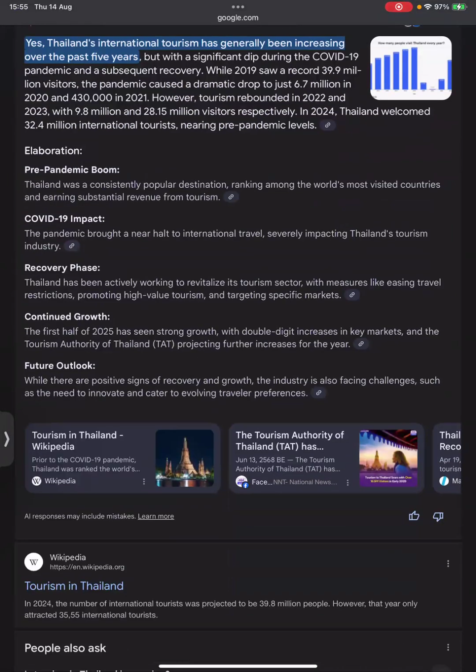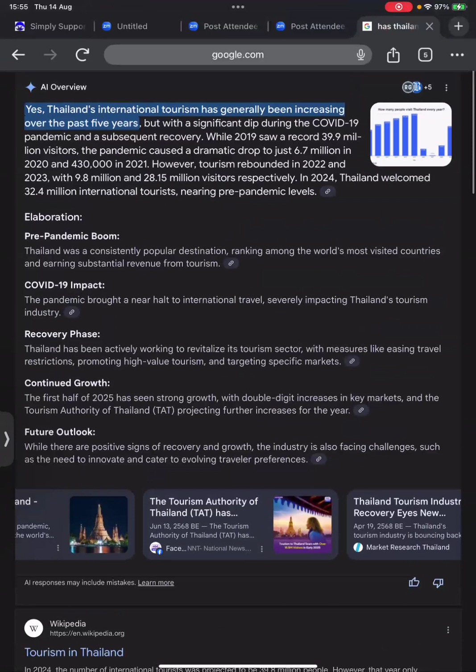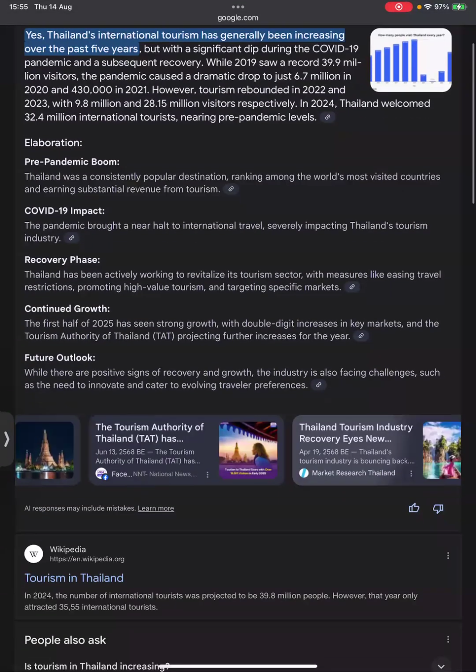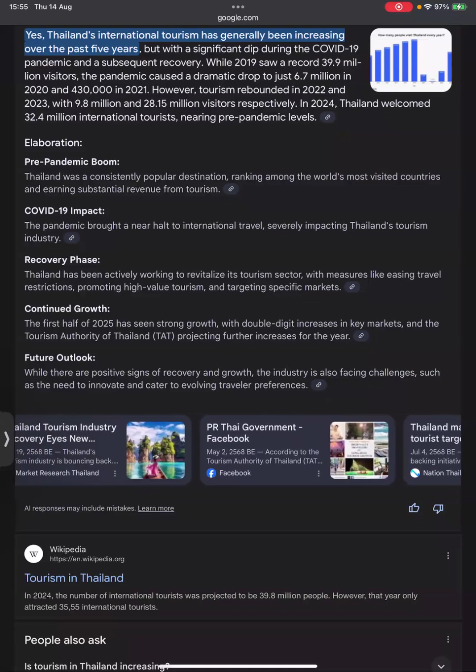Tourism in Thailand, Wikipedia. Nope, we can't use Wikipedia because we don't know who wrote the article. What about Tourism Authority? That is good. That's a good one. Facebook, no. Why don't we use Facebook? Actually, it depends on how you use the information from Facebook.